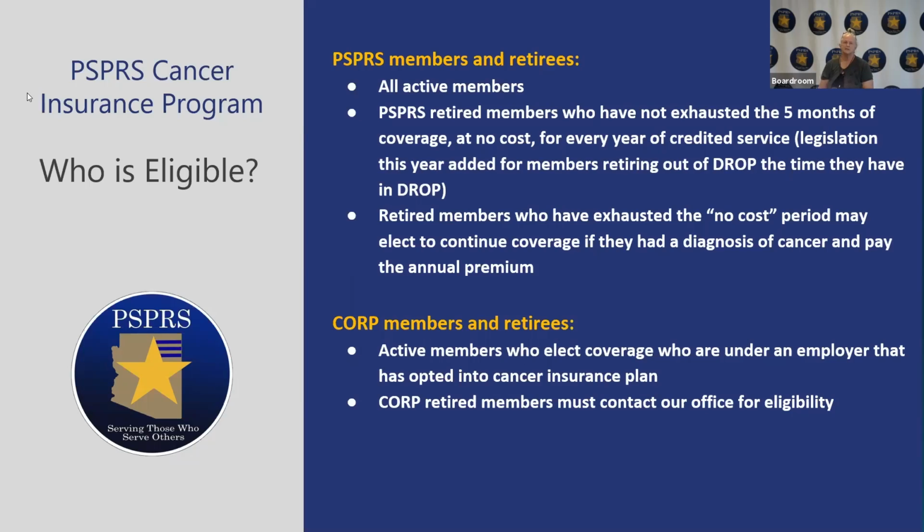And we would then have them make a payment on all of the members, not just the individual members. They also notify us when there are new hires, if a member has elected to take the coverage, so that we can send a billing to them for those new members that have elected coverage as well.